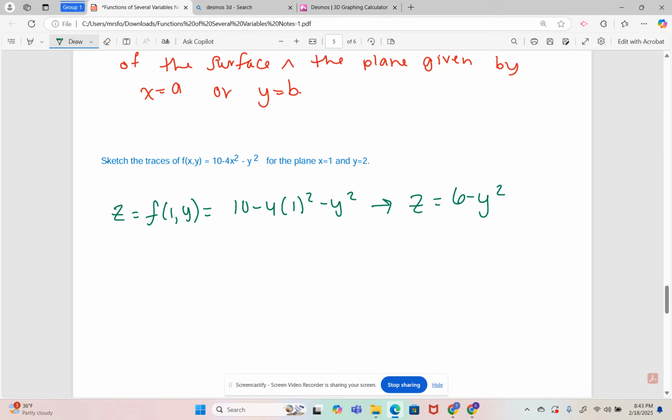And I'll graph this in a minute. This will be graphed in the plane by x equals 1. Let me sketch it and then we'll see if we can type it in so we can look at it well.